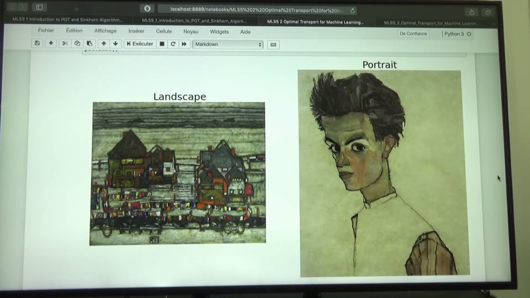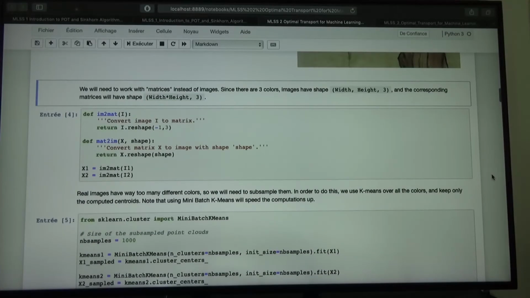What am I going to do? Well, I have one color in the first image, let's say some red. And I want to say, okay, this red should be transferred to some new color, right? The first thing is that images are three-dimensional in the sense that they have the width, the height, and then the 3 color channels.